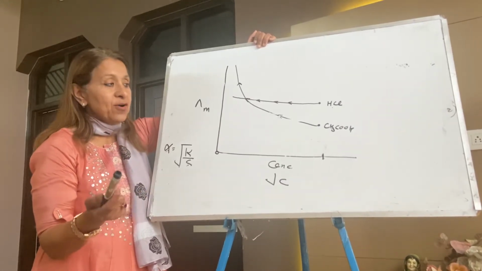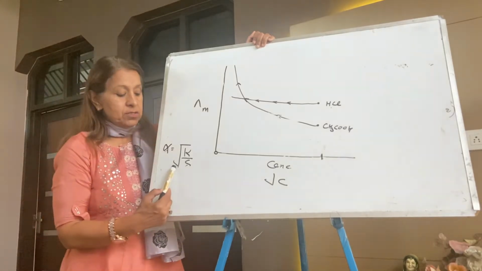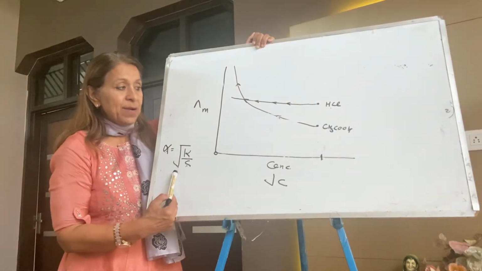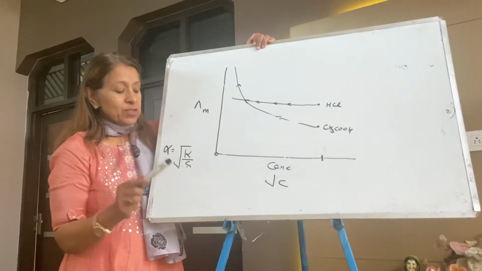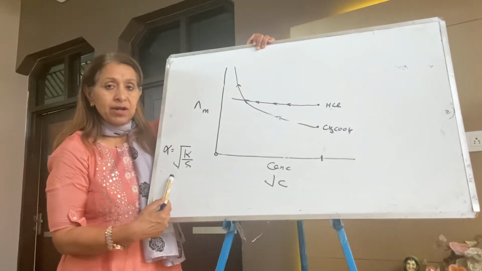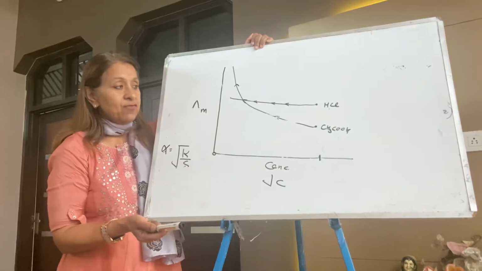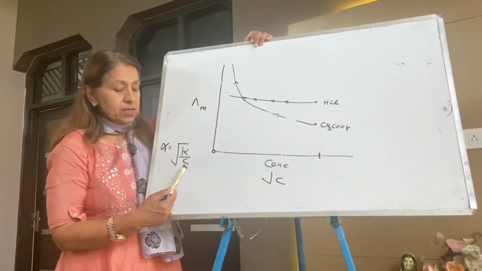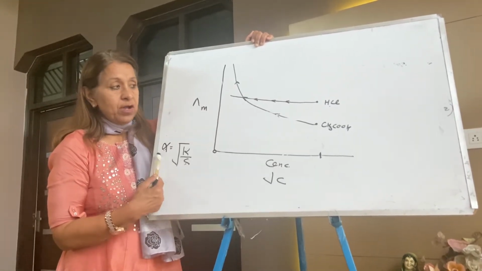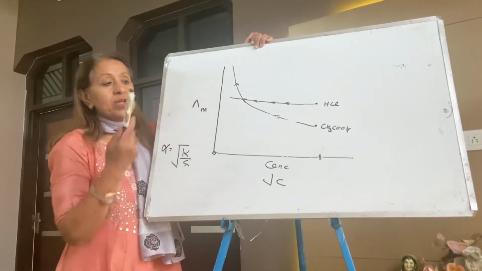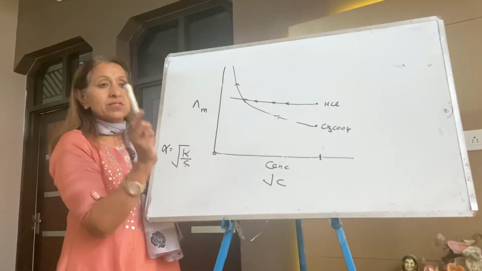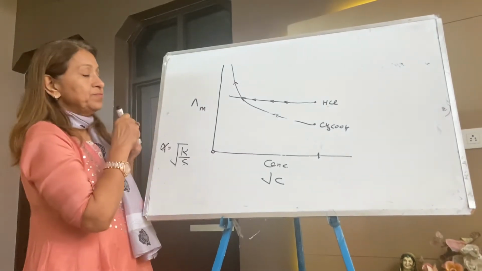Why? Because this formula helped in weak electrolyte, but this formula has no meaning in strong electrolyte. It is already in ionic form. Okay? Lesser concentration, more the alpha, more the dissociation, more the ions, more the conductance.